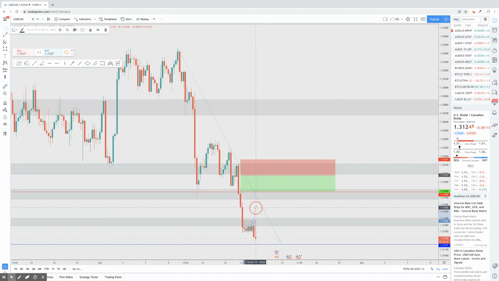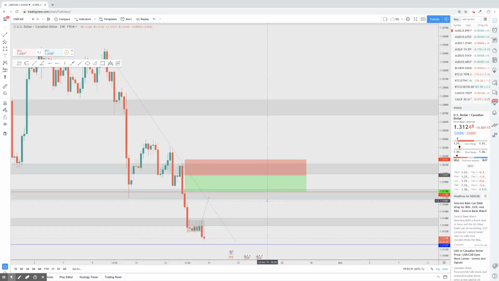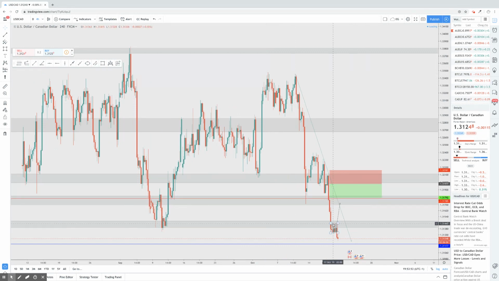Should price come up and break this trend line, that means it's breaking structure. This is also a point where you can secure more profits or you can exit the trade. If you're swing or day trading, you're not often going to see structure being broken that fast.